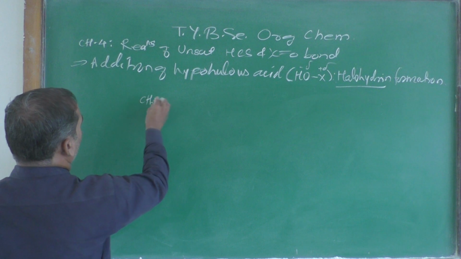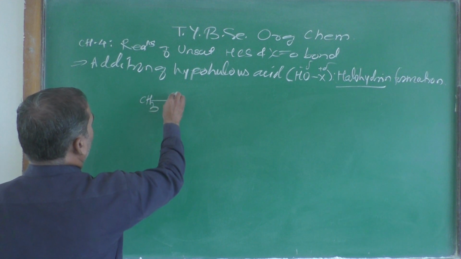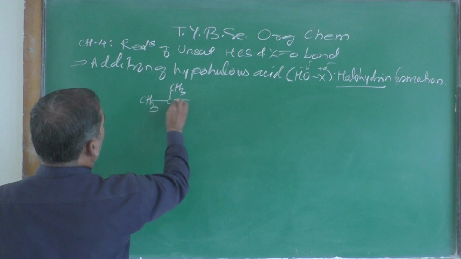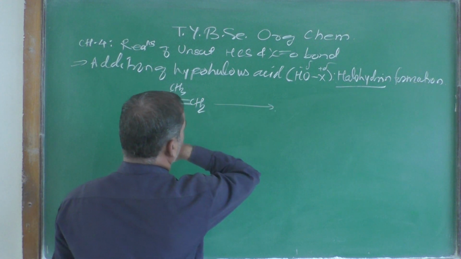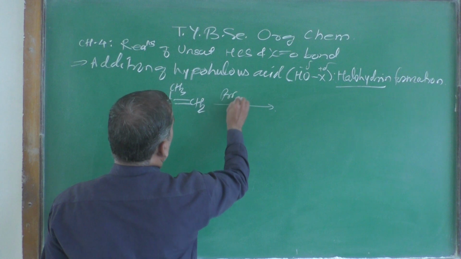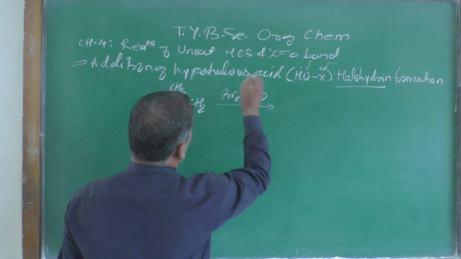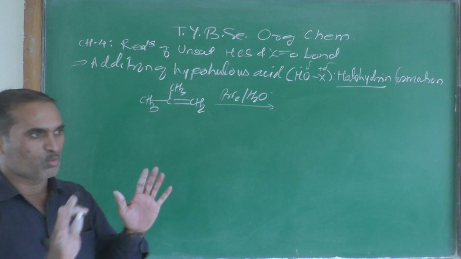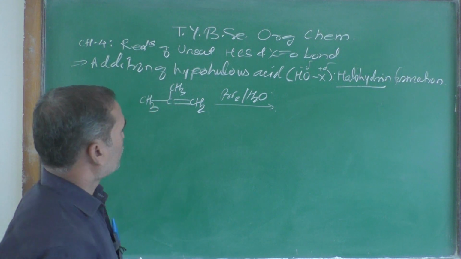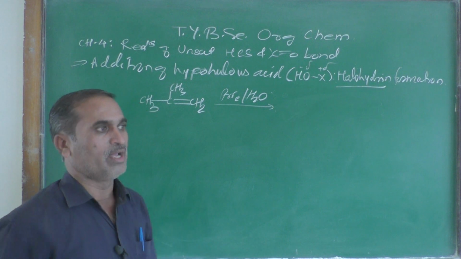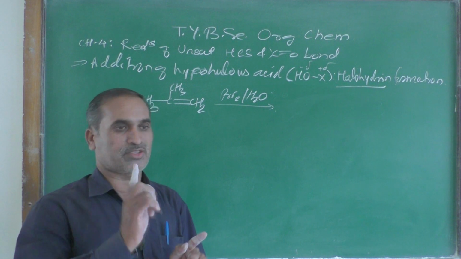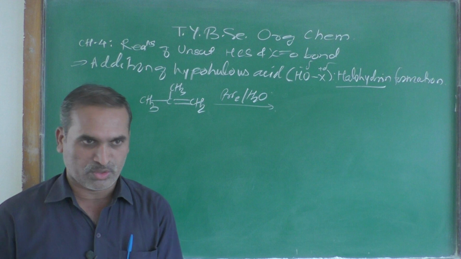Suppose we have CH3, then CH3 double bond CH2, that will be treated with Br2 in presence of water, H2O. Remember, Br2 in presence of water. Now what is going to happen here? Hypobromous acid is going to form, and this reaction takes place according to Markovnikov's rule.